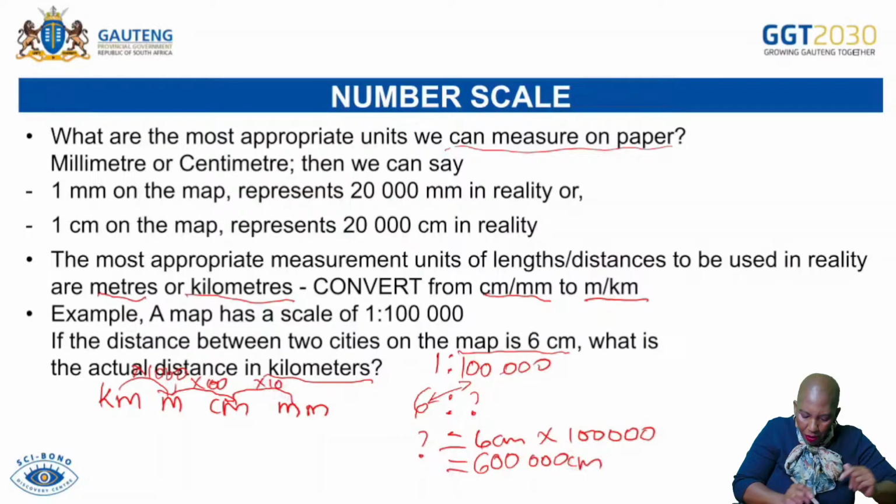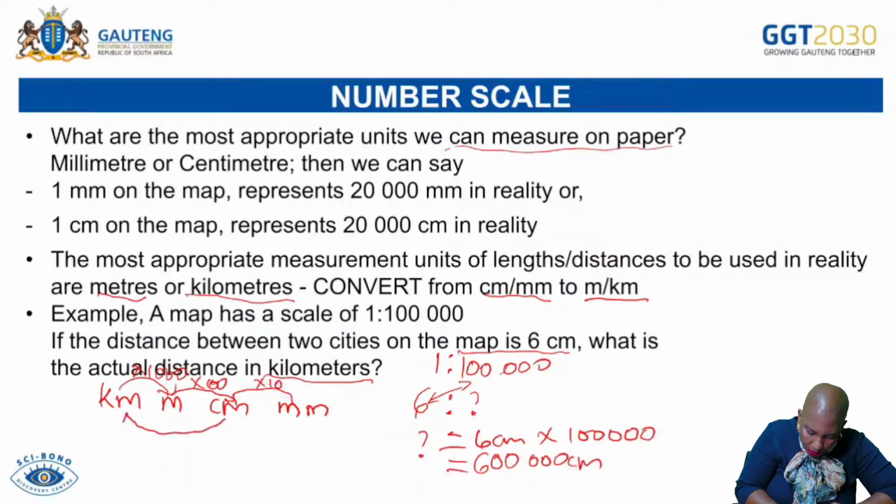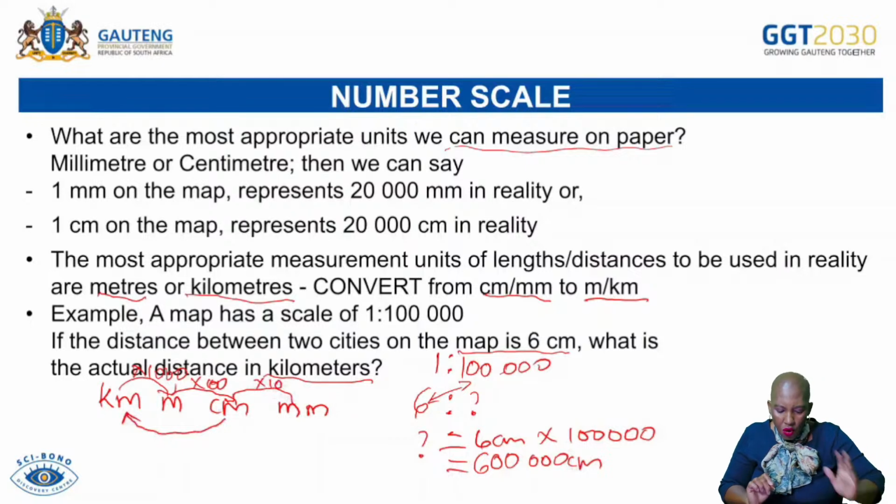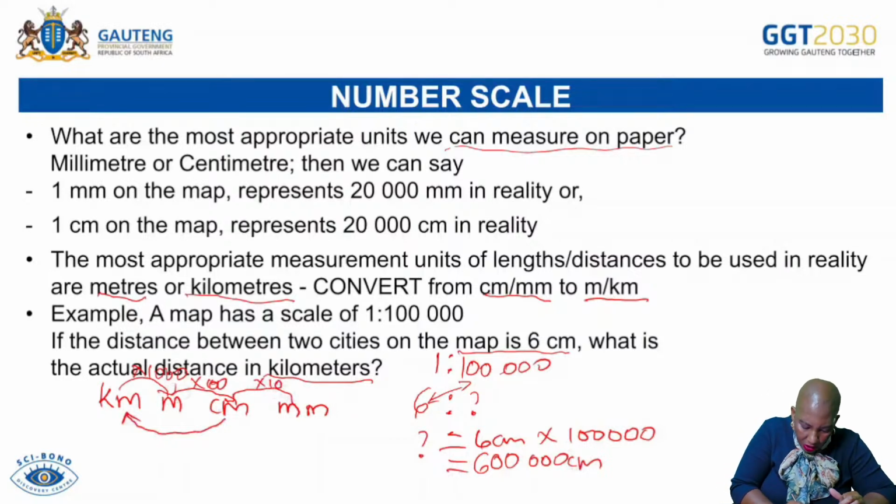Now this one is from centimeters, and we are taking it back to kilometers. That means I have to divide here. Here I divide by 100, and here I divide by 1,000, so that means it is 100,000.